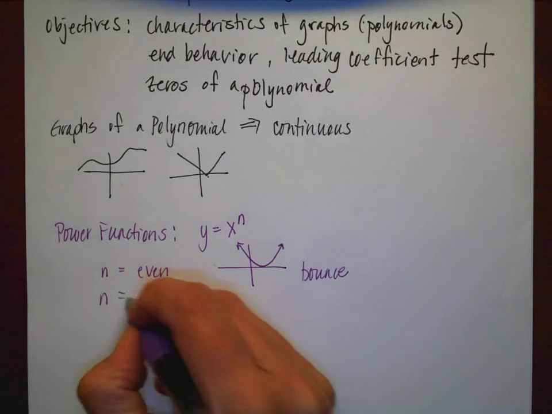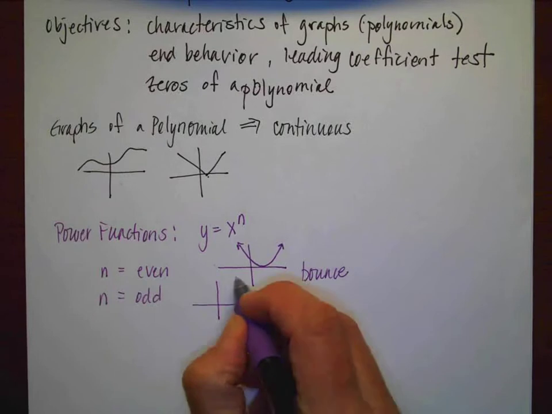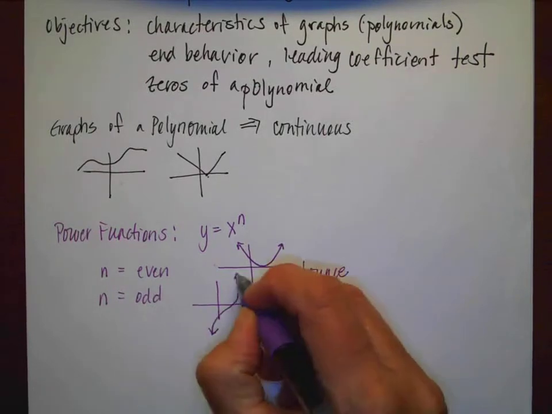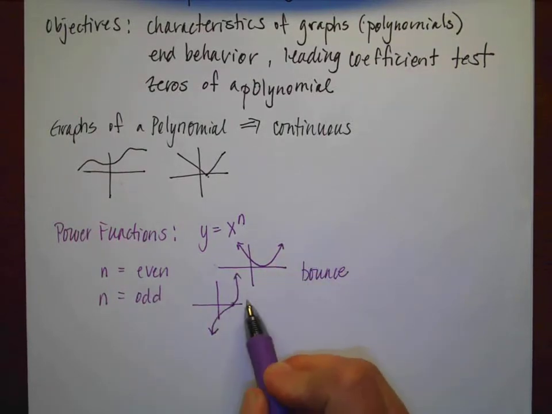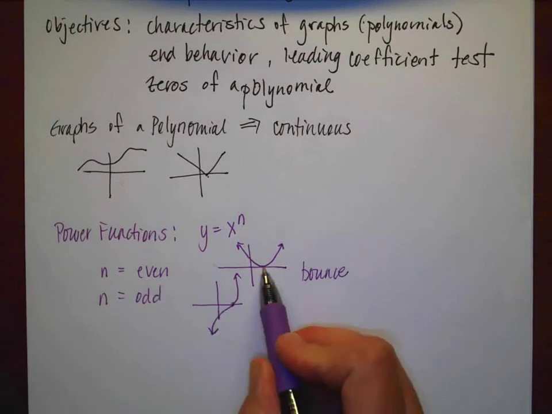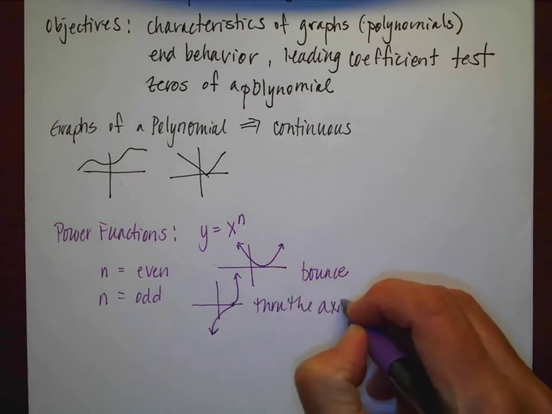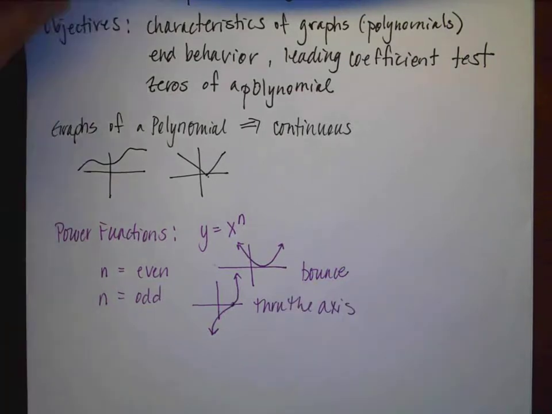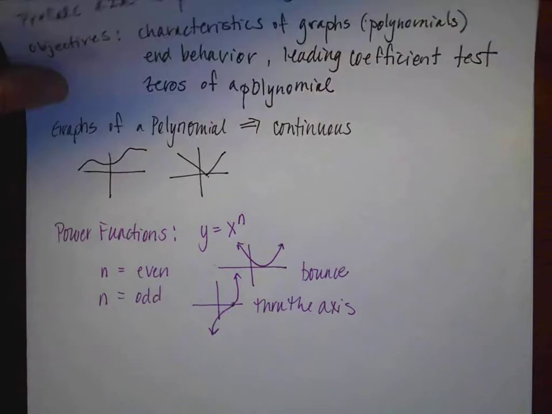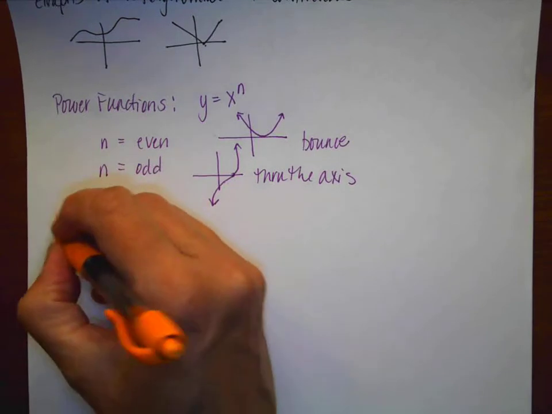And if n is odd, then the curve is going to go through the x-axis. So this would be if n is odd, and this would be if n is even. So this is going to be a through the axis. Alrighty, so that sometimes helps us to know what a graph of a polynomial looks like, even if I don't happen to have my grapher handy.